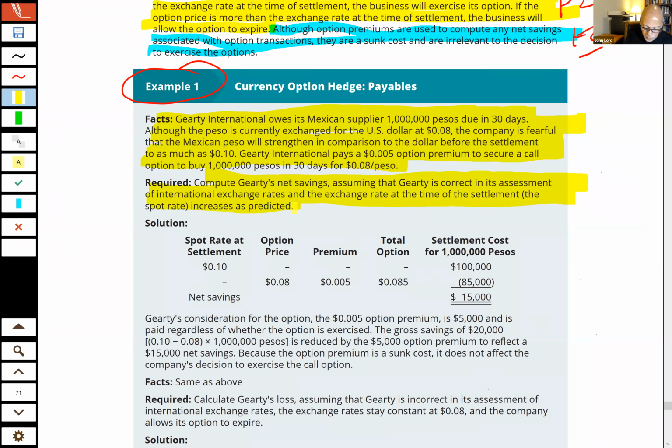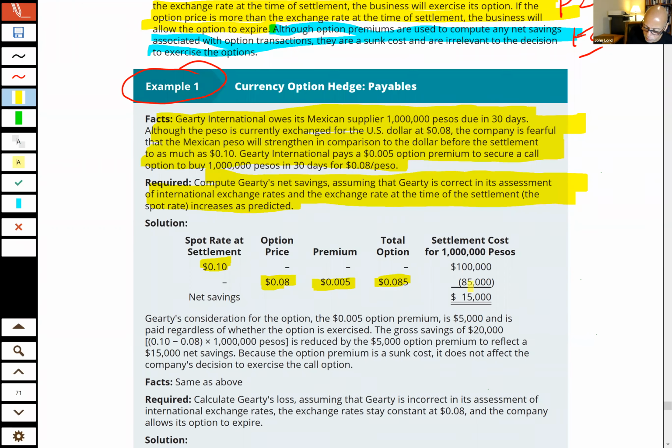Okay, so the spot settlement rate is 10 cents. It moved the way they thought. The option price was 8 cents, but we had to pay a premium of 0.005. So really, the total cost is 8.5 cents.